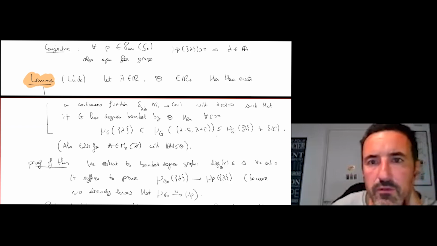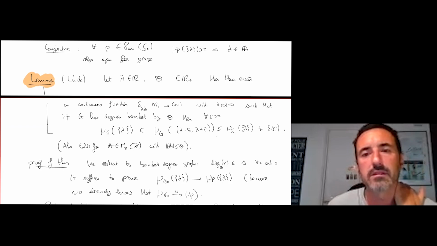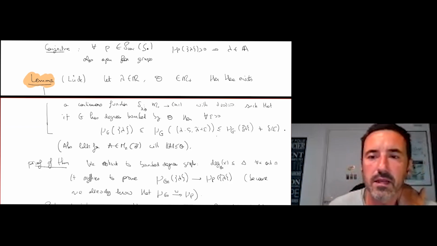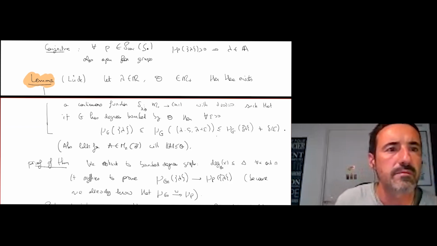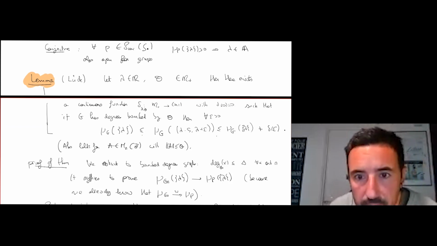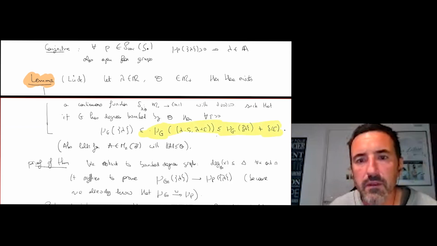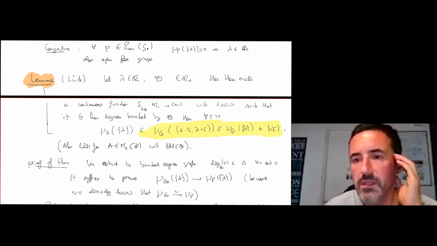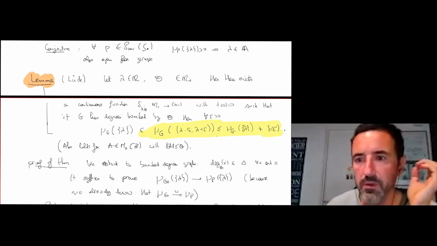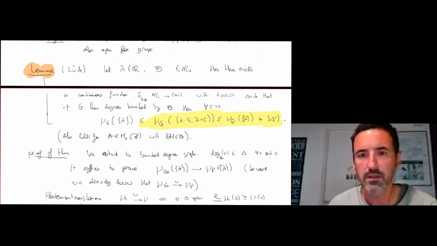If we fix a lambda and a graph with degree bounded by theta, we have to prove this inequality: that the number of eigenvalues in the interval (lambda minus epsilon, lambda plus epsilon) is bounded by the number of eigenvalues exactly lambda plus delta of epsilon. So that's what we want to prove.